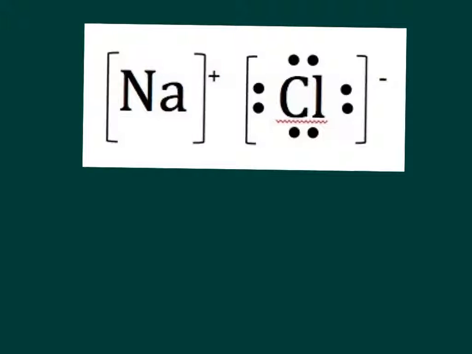But if you remember yesterday, since this was ionic, this guy was the metal, this guy was the nonmetal, and the sodium gave up his electron to the chlorine, and everybody got their 8.